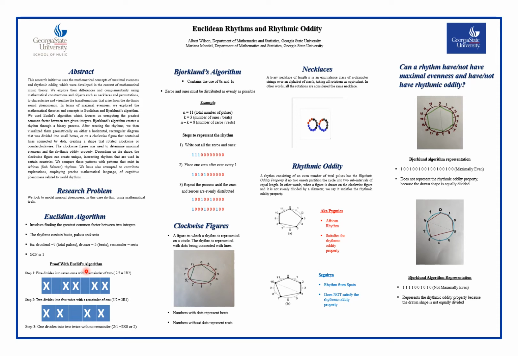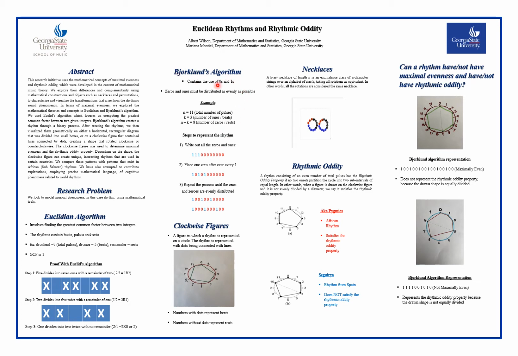The same thing applies to the remaining steps. Regarding this example, the greatest common factor is 1, and as you can see, this rhythm is being represented on a rectangular figure with boxes either containing an X, or a beat, or no X, which represent rests.